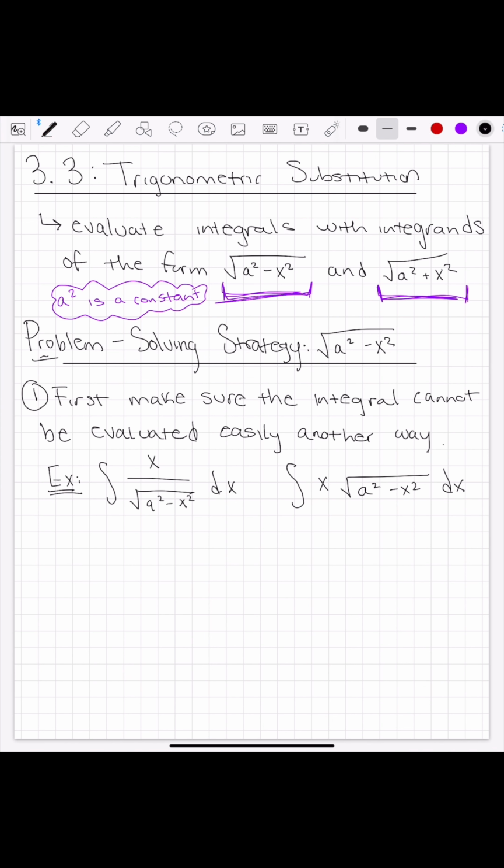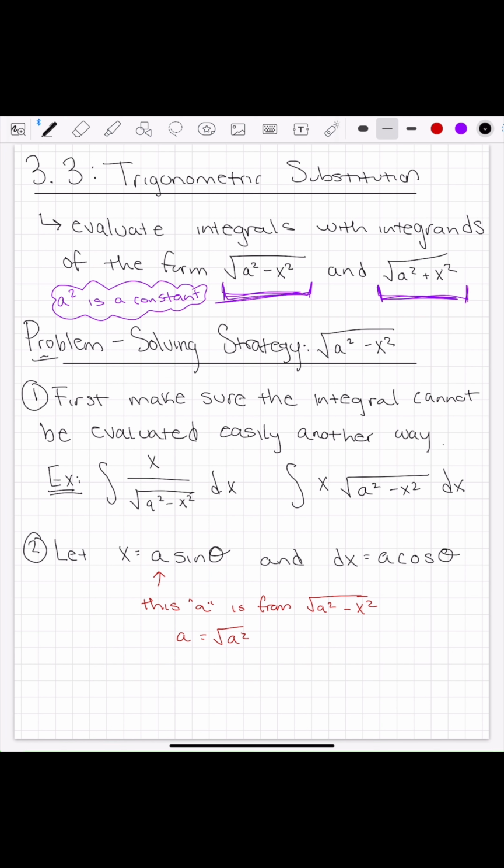If not, what you're going to do is let x equal a sine theta, right? Where this a here is from the square root of a squared minus x squared. Right, so a is just equal to the square root of a squared, and then dx, right, the derivative of sine is cosine.